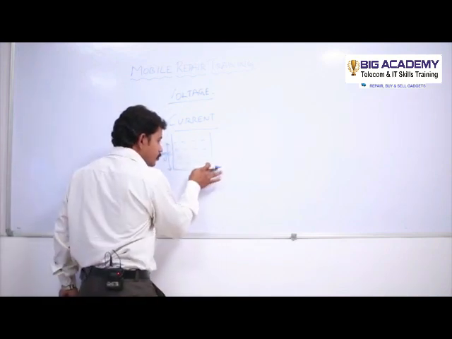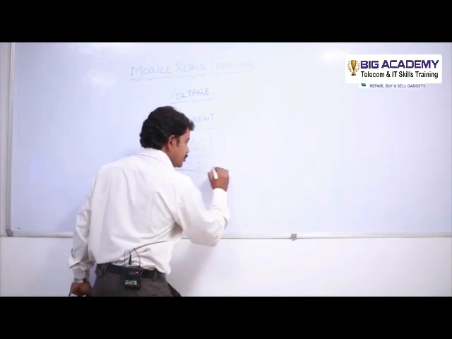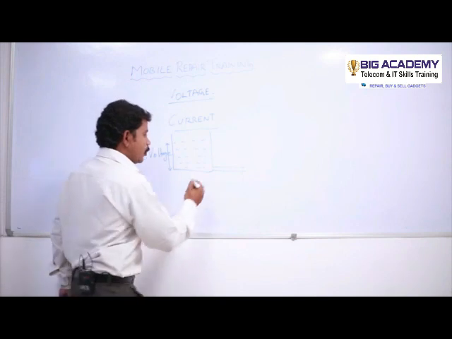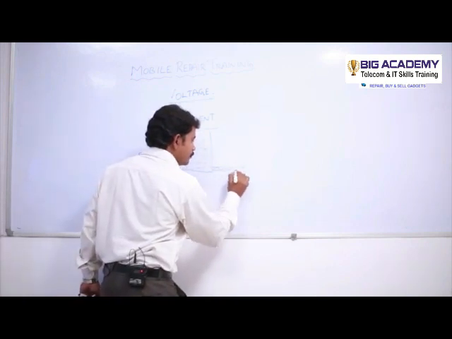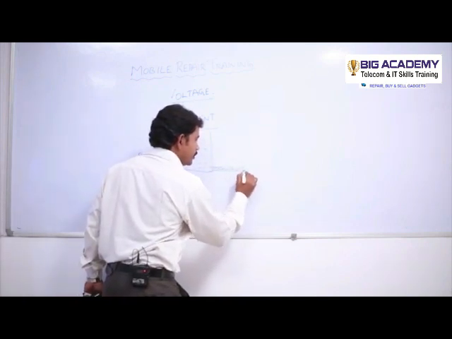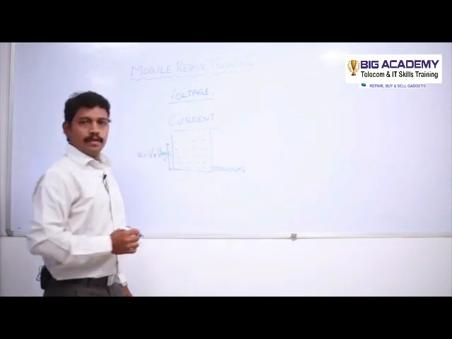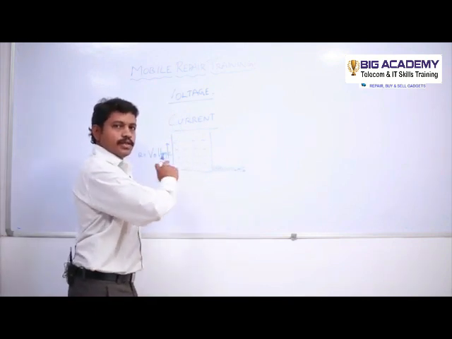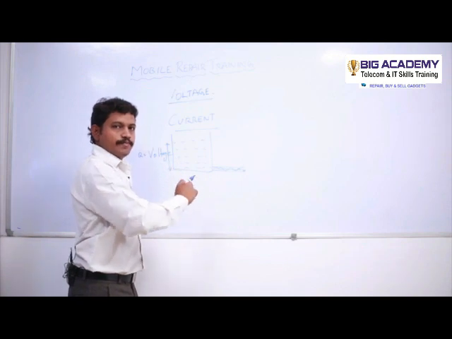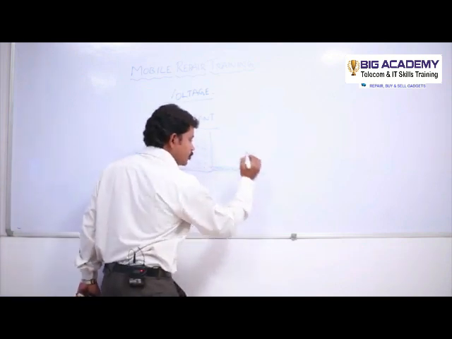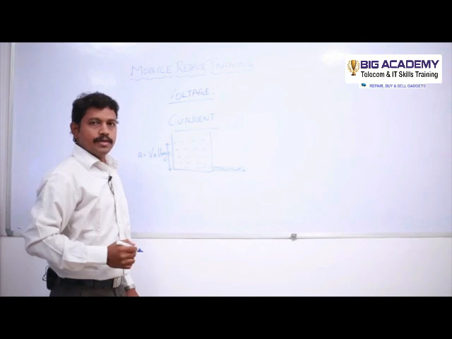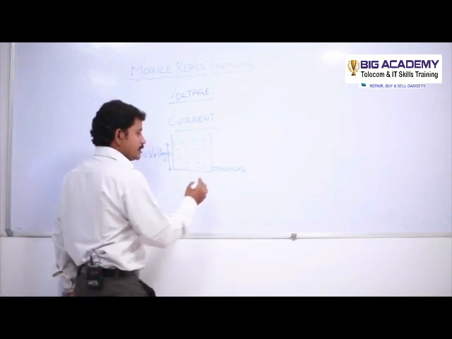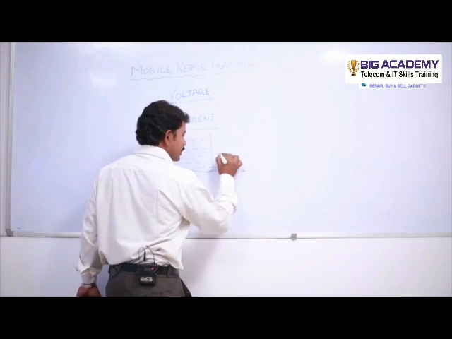And if you puncture it and put a drain hole in this, the water will come out and there will be water flow. This flow of water with force and pressure flows through the drain point, and if you measure the flow of water, that is called current.